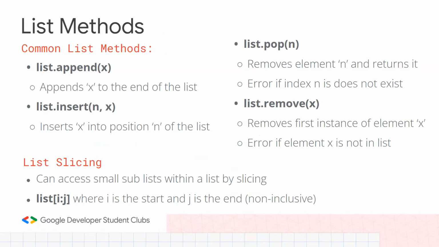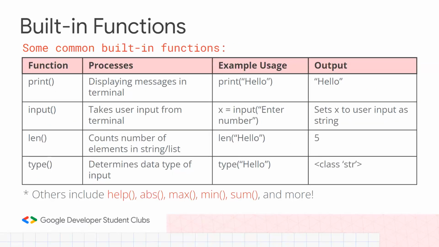All right, so slicing again, you can access small sublists. So basically, when you have a long list, like a list of characters, and you want just a subsection of that list, so only part of it, you can slice it by the index of that list. So say you have, again, hello as an example.